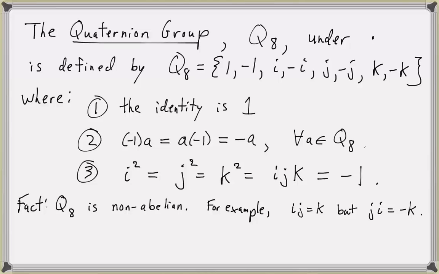And again, these products can be deduced from the third relation above. So we see that ij does not equal ji, so Q8 is non-abelian.